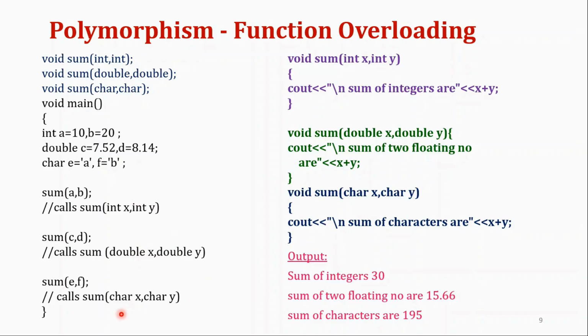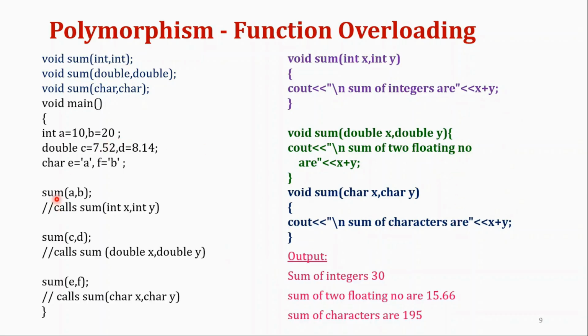For the third, characters x and y will be passed. Here e and f are the characters, c and d are the doubles, and a and b are the integers. The respective functions are matched with the respective function calls, and it calculates the sum of integers, the sum of doubles, and the sum of characters.